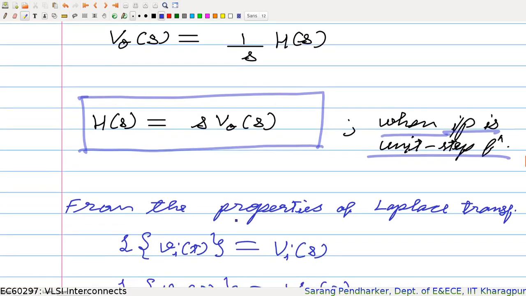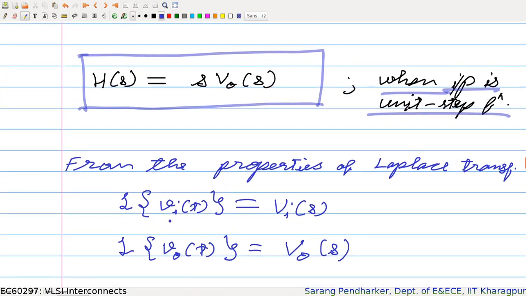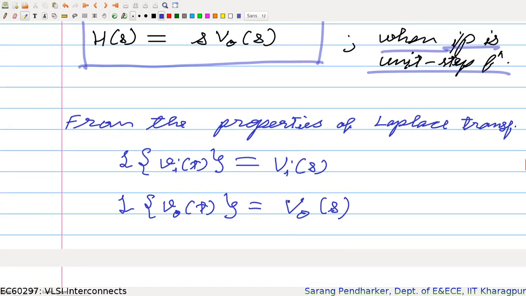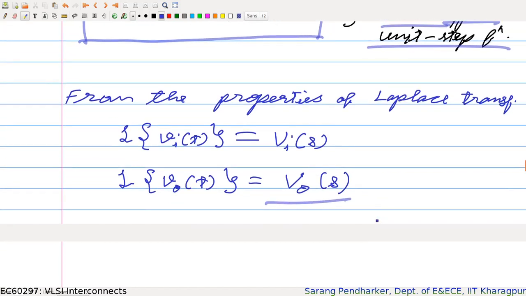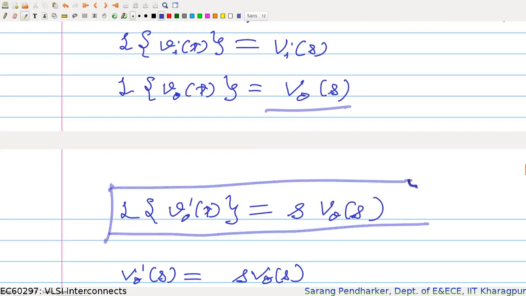So from the properties of Laplace transform, what we know, if Vi of t is your time domain signal, its Laplace transform is Vi of S. Similarly, V out of t is your time domain signal, so its Laplace domain representation is V out of S, right? Now what is the Laplace transform of dV out by dt?